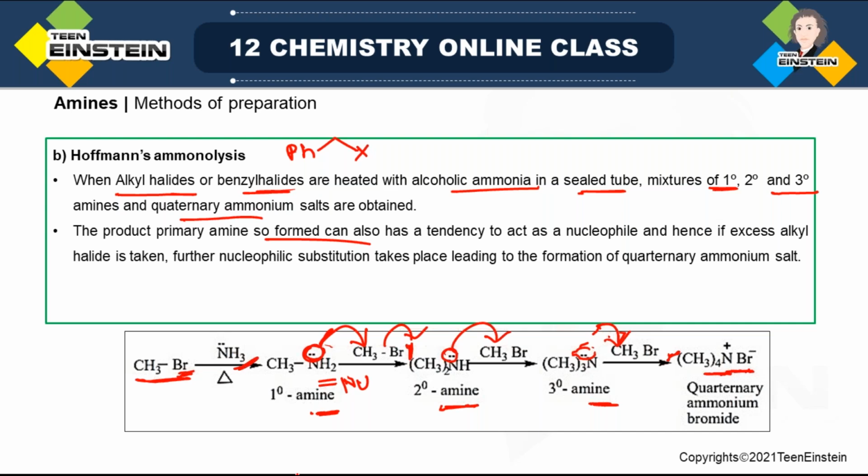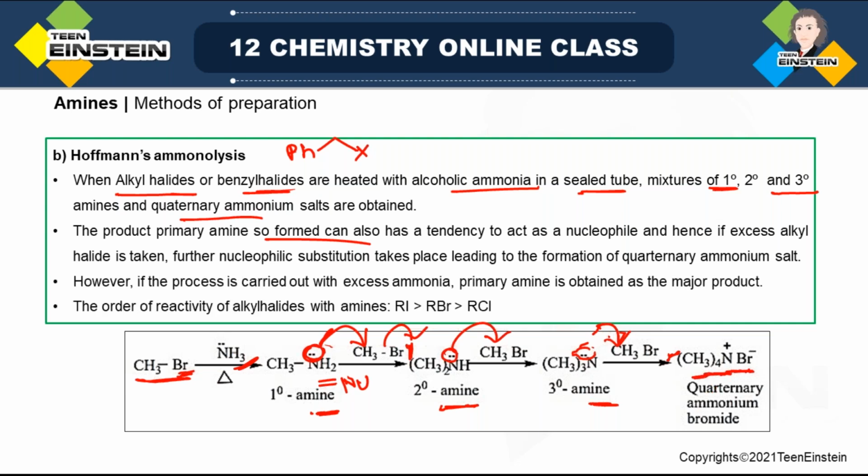See here, all the hydrogens of ammonia are replaced by methyl, and also there is one extra methyl. But suppose you are doing the process in such a way that you are using a fixed CH3Br, but ammonia is in excess. So in this case, you can end the reaction at this position. Further reaction is not possible, because ammonia is in excess.